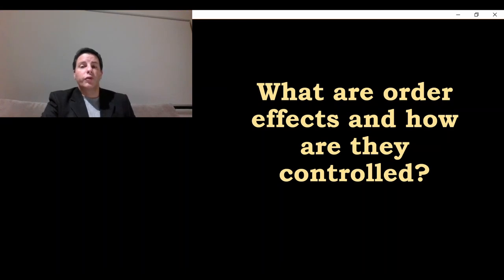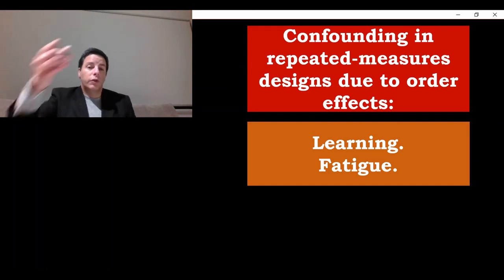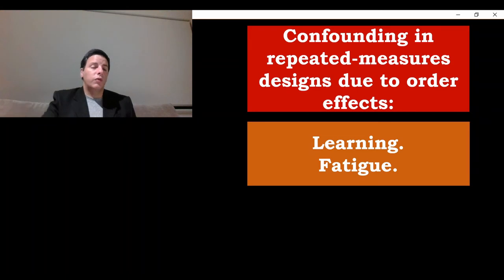What are order effects and how are they controlled? Okay, so order effects in repeated measures designs are learning and fatigue. Learning means that because we are going to expose the same person to 2 measurements, it could be that when we expose them to the second measurement, the person learned from the first exposure.